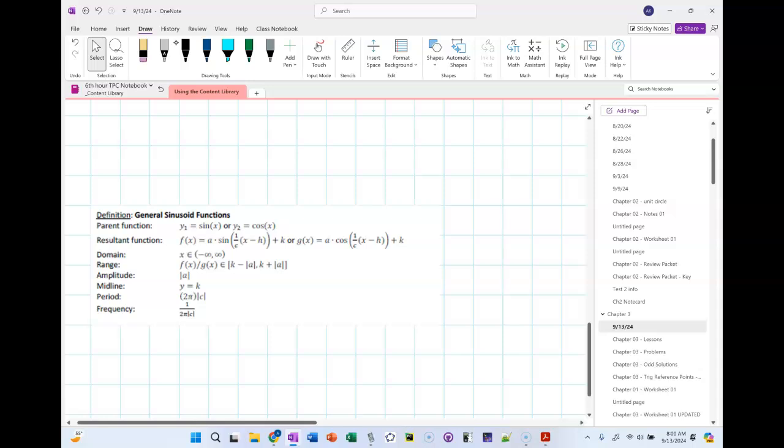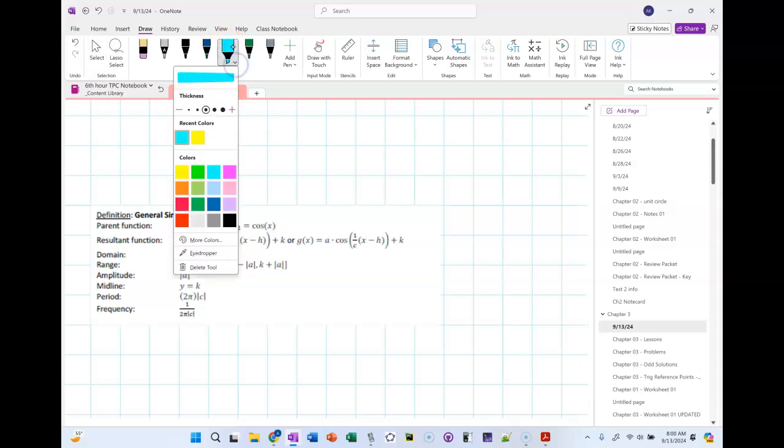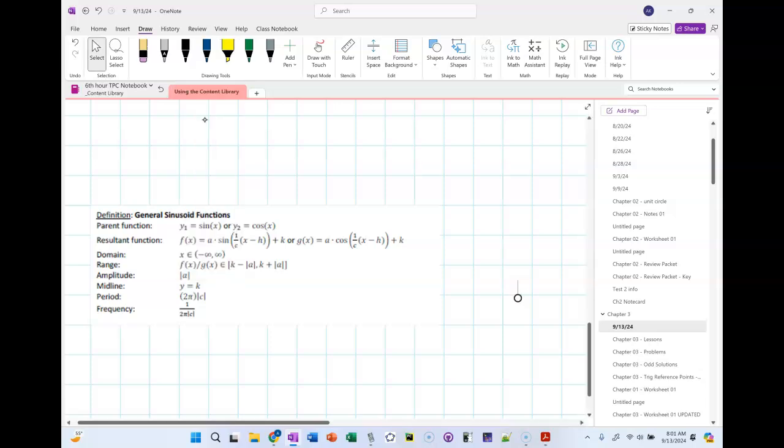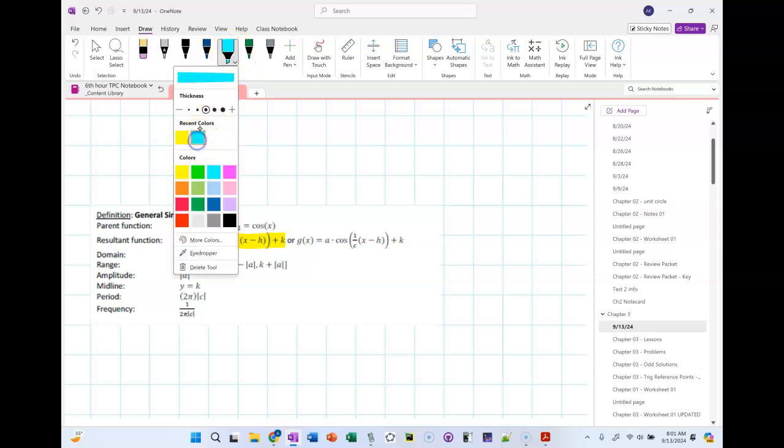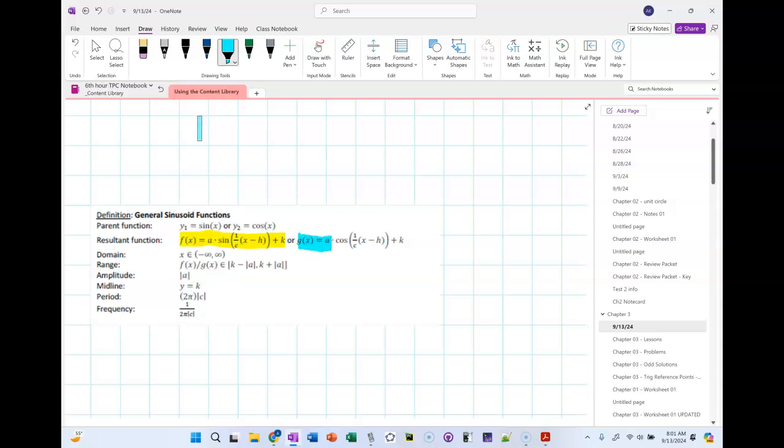So for any general sinusoid, we say, for example, y equals a times sine of 1 over c times (x minus h) plus k. Or if we were dealing with a cosine, the letters are all the same in the same spots.